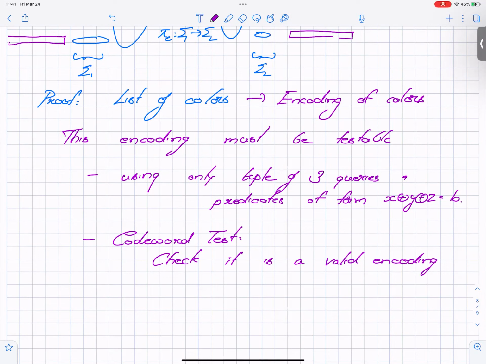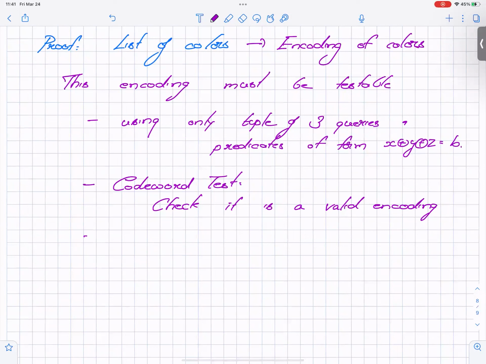All tests are of the previous type, and using such test types, I must be able to check firstly it's a valid code word, and then furthermore, it's a consistency test.